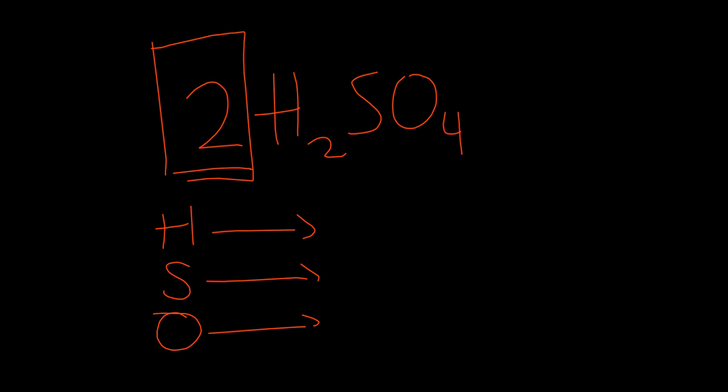So the coefficient 2 simply implies that the 2 multiplies throughout all of the elements. So in the case of hydrogen, this 2 would have to multiply these 2. So 2 times 2, that means that we have 4 hydrogen atoms in there. So I need us to note that.